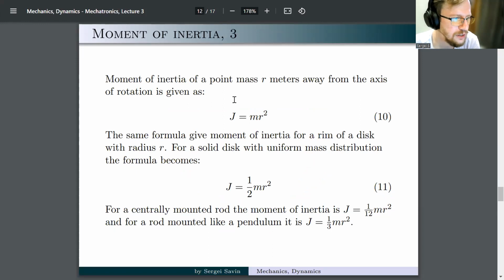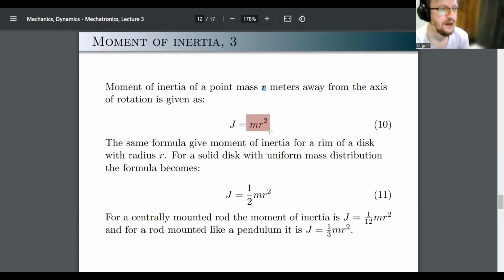Now, the moment of inertia of a point mass r meters away from the axis of rotation is given by a very simple formula: m r squared. This is the table formula. We have table formulas for a ton of things, and I'm just giving you the most useful ones.